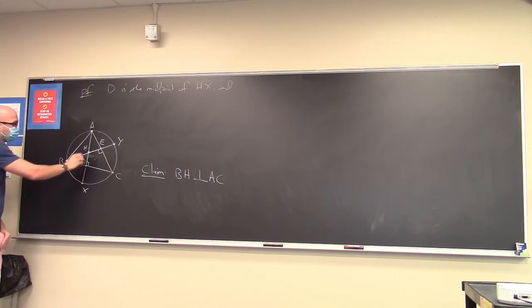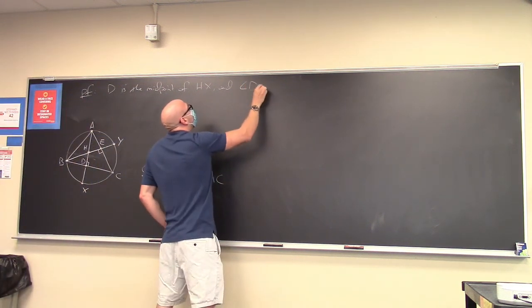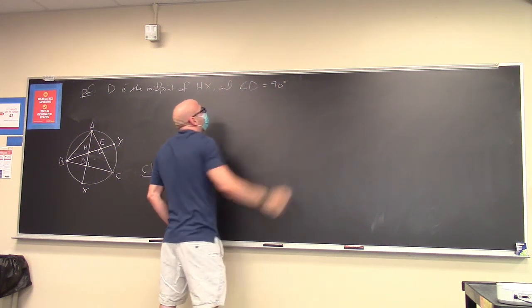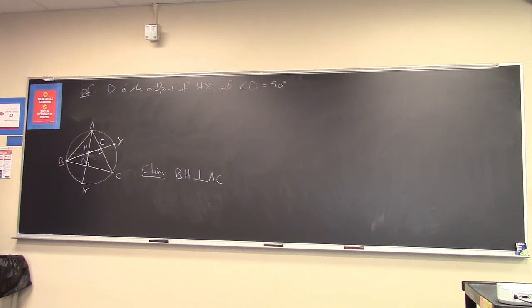And this angle we've drawn, the one angle I've indicated here, HDC, of course I could go with any angle. So how would I just call it angle D? Because they're all the same. Angle D is 90 degrees. What does that mean about the relationship between these two lines, BC and HX?